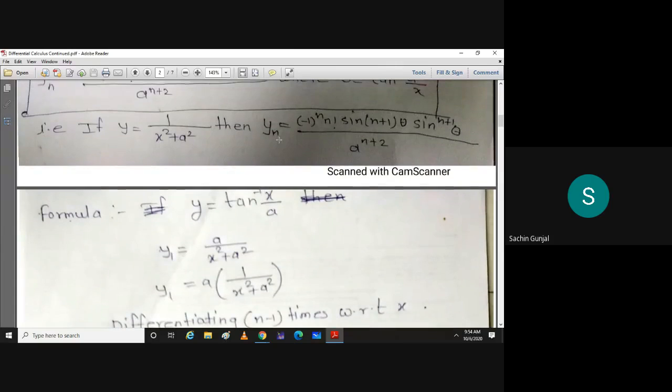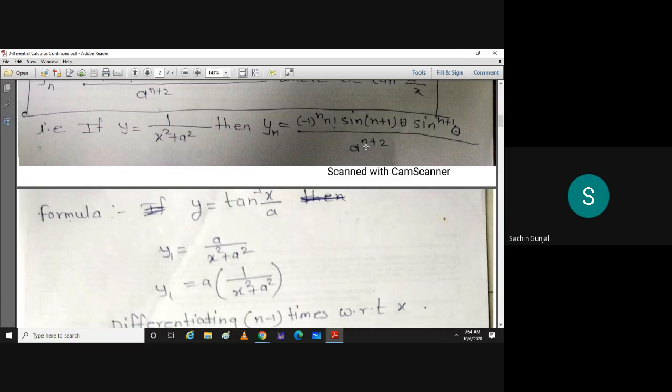In place of n, substitute n minus 1. So what it will be? Minus 1 raised to n minus 1 into n minus 1 factorial sine of n theta into sine raised to n theta upon a raised to n plus 1.